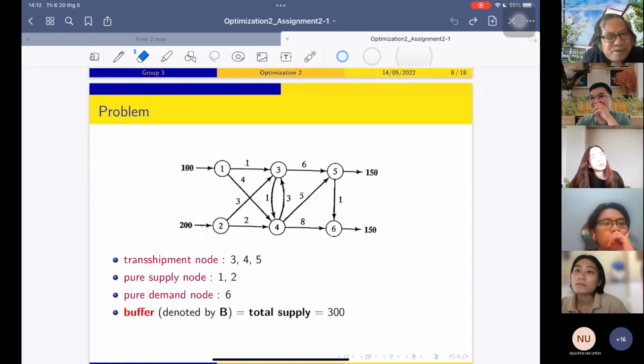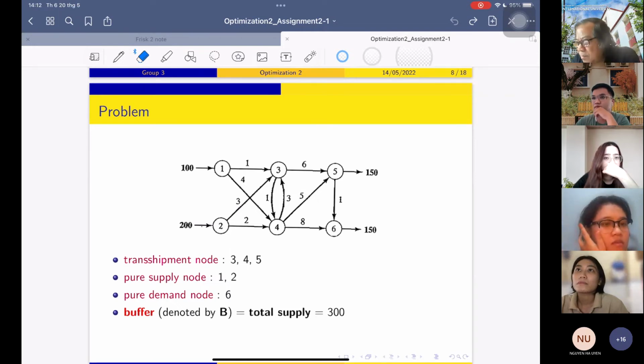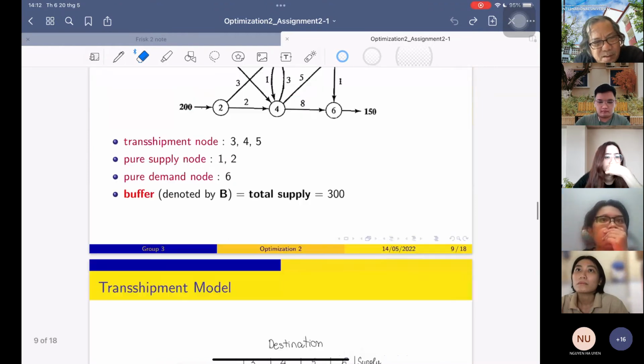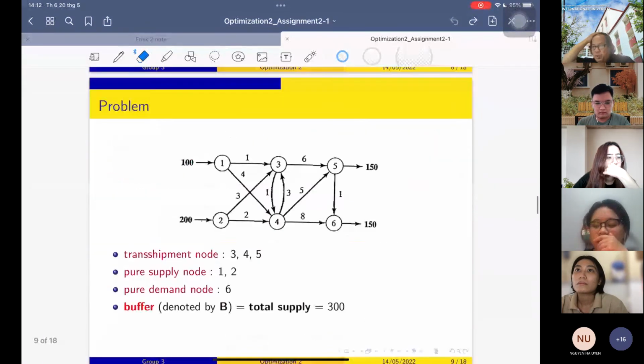Original supply is different from supply, so I say original because later we will have supply from node 3, node 4, node 5. So the total supply in this problem is 100 plus 200, which is 300.